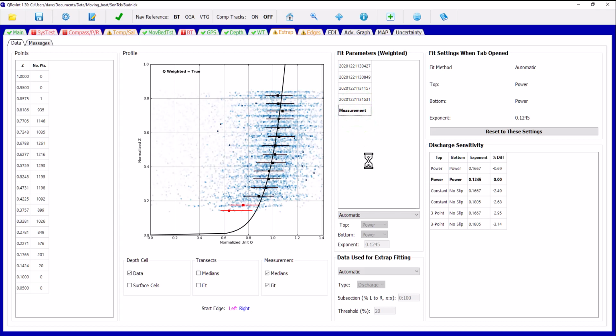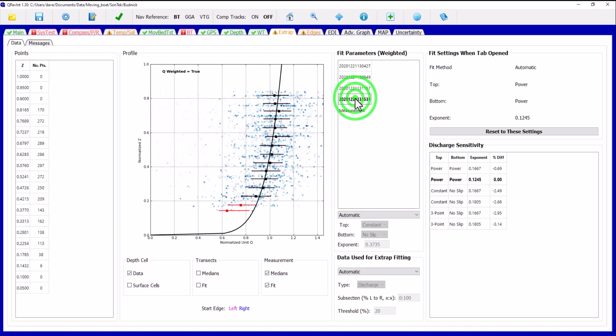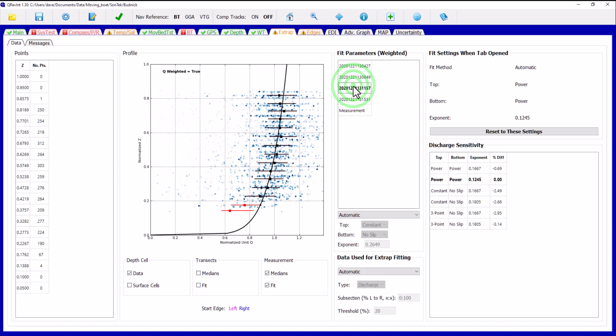To see the medians and fit for each transect, you can use the checkboxes below the plot.